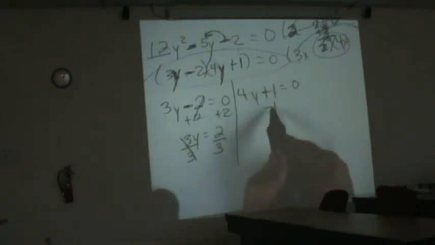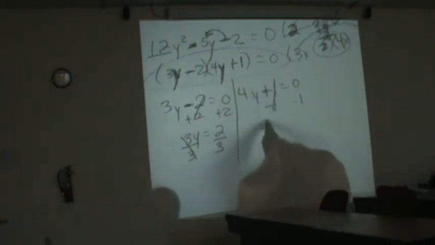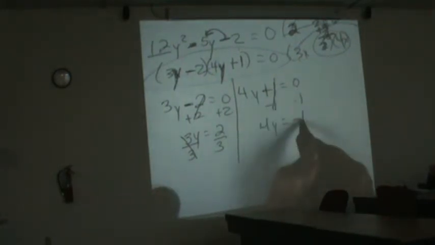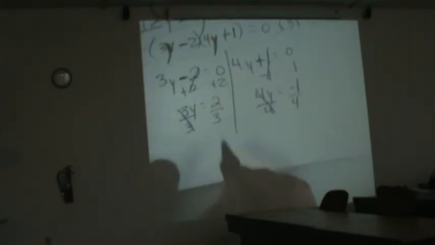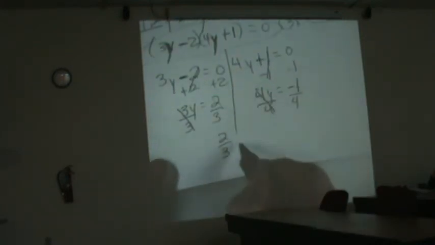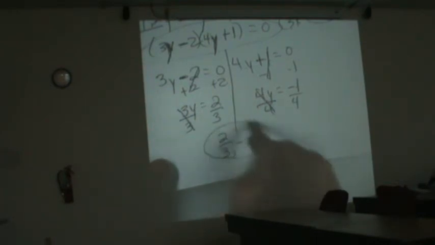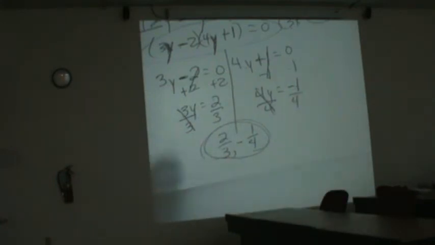There's a plus 1, so you subtract 1. And then what do you do right here? Divide by 4. So you have 2/3 is one answer, and negative 1/4 is another answer. No parentheses. You can circle it or box it in, but don't put parentheses around it.